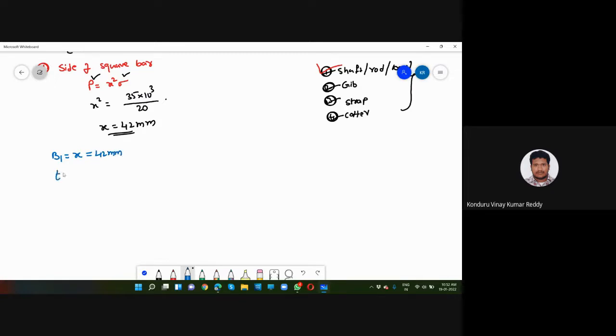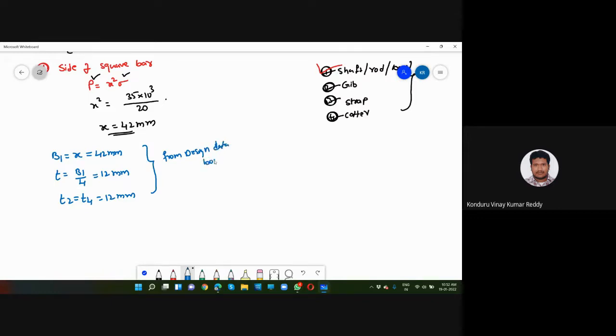Similarly, t is equal to b1 by 4, that is 12 millimeters. t2 is equal to t4 is equal to 12 millimeters. These are our values from design data book.